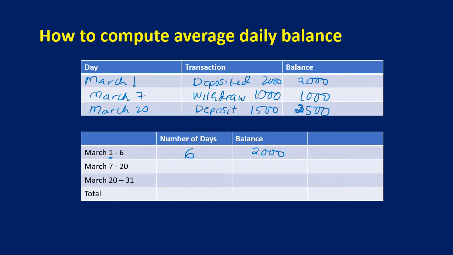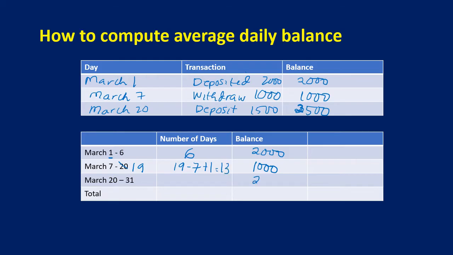Next, on March 7 to 19, you withdrew 1,000, so your balance is 1,000. And how many days was that? 19 minus 7 plus 1. Correct, so that is 13.